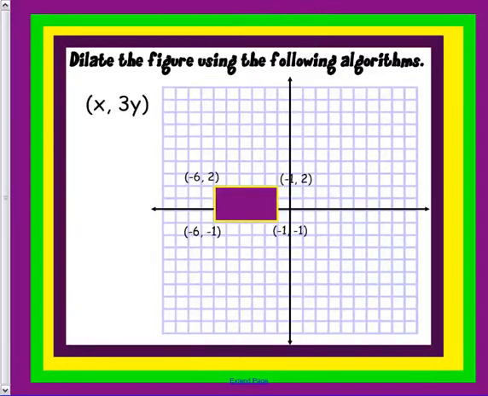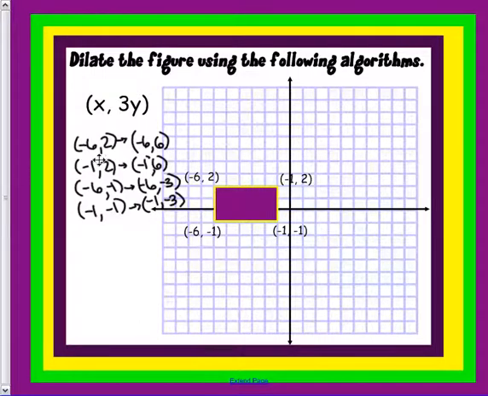Okay, let's look at this one. Dilate the figure this time where the y changes by 3. Go ahead and try it, and I'll be back in just a second to show you the answers. All right, so negative 6, 2 would become negative 6, 6. So you're at negative 6, and we would go up 6.